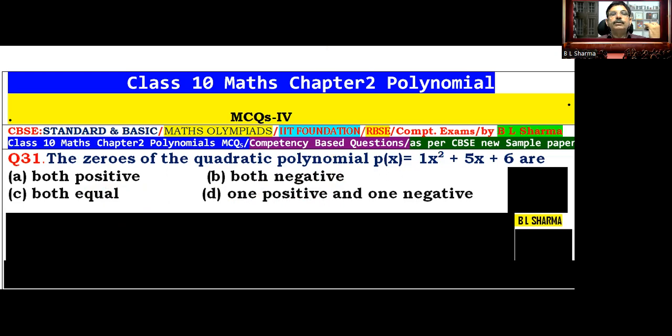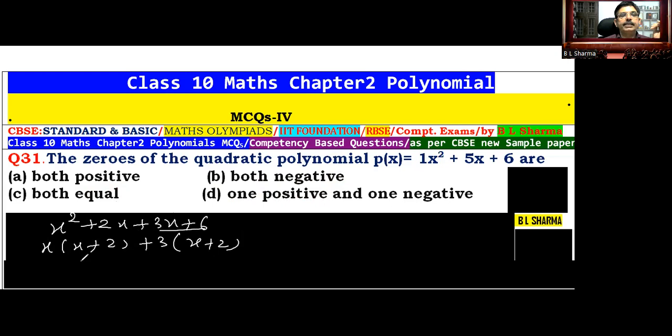So first of all, I have to find the zeros by factorizing, splitting the middle term. So x square plus 2x plus 3x plus 6. Taking x common, x plus 2, plus taking 3 common in the last two, that is x plus 2.